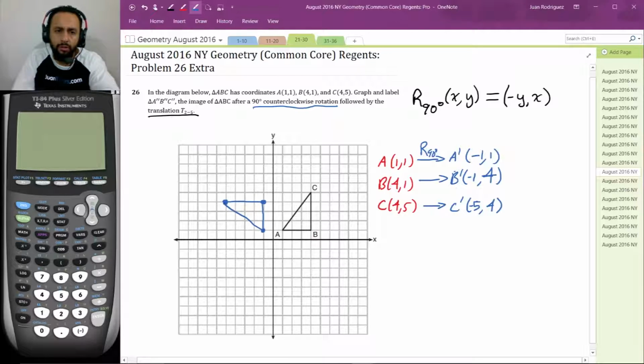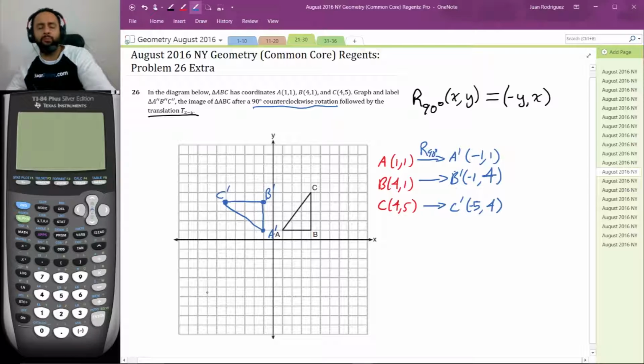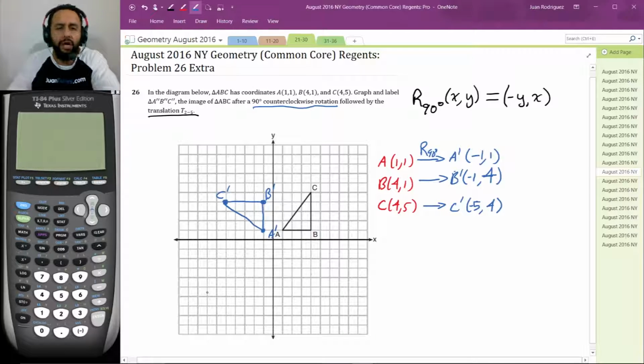Label the dots: C prime, B prime, A prime. Now again, A prime, B prime, and C prime are not actually required on the graph, but I always highly recommend that you include those. It makes you way more likely to get the question right.